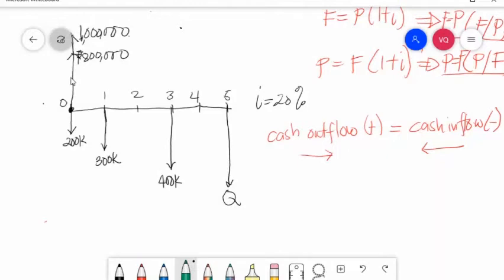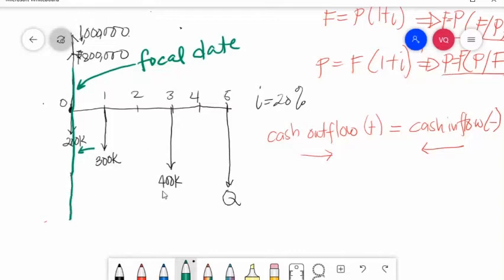Green, since this is our focal date. 300,000 will go to the left. 400,000 will go to the left. Because here our reference is the focal date, also at 5 years.